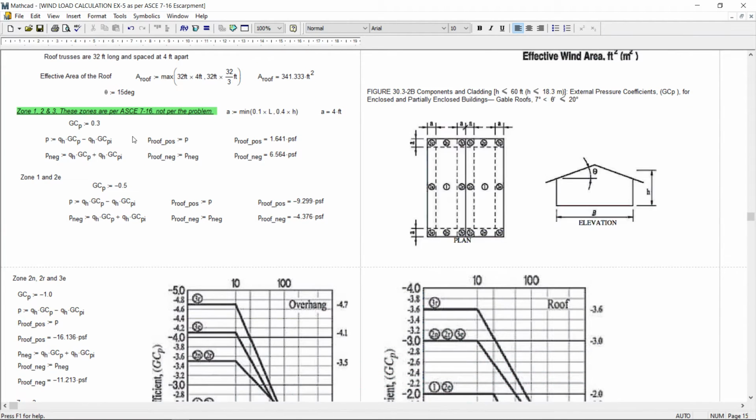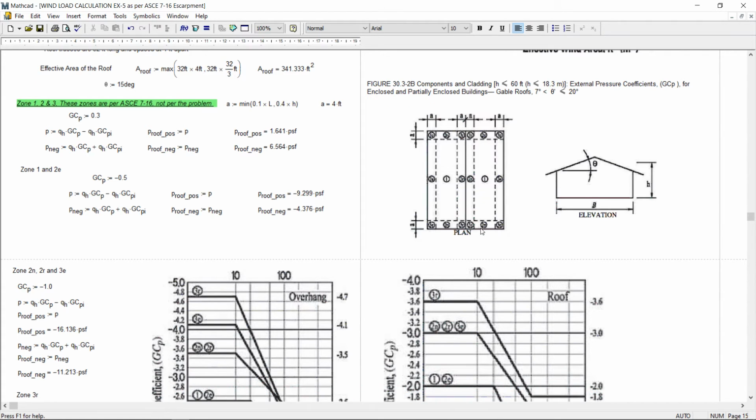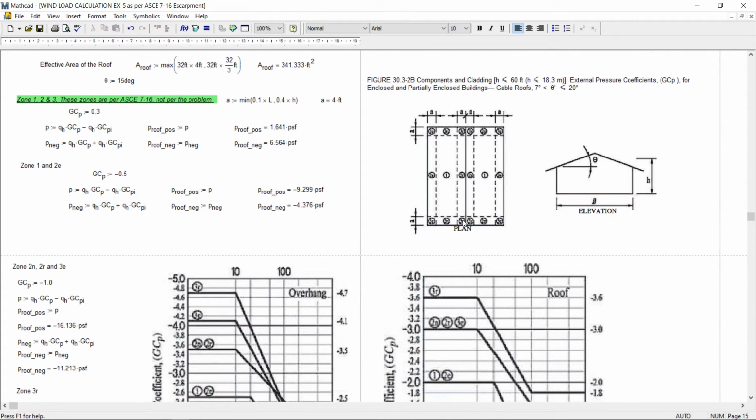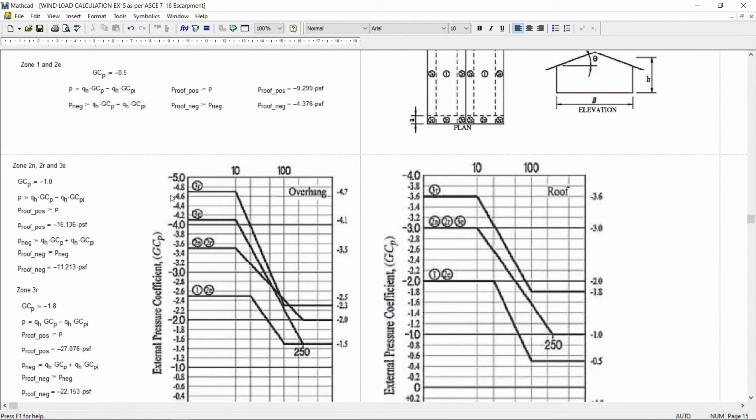So now we are considering zones 1, 2 and 3. These zones are as per ASCE 7-16. Here is the figure, zones 1, 2 and 3, which is in the corner. The figure is not very clear. Anyway, we can use this figure 30.3-2B, and we can take the values as per the graph given over here, and these are the values taken.